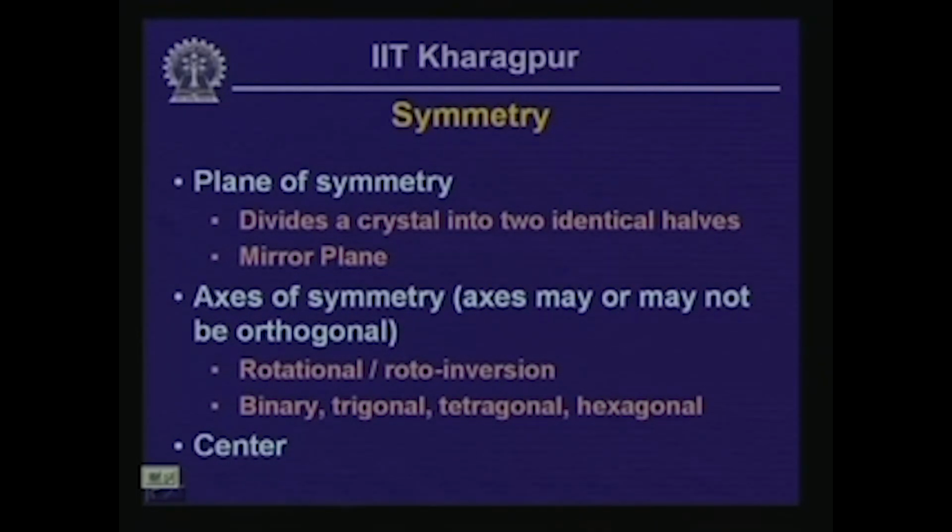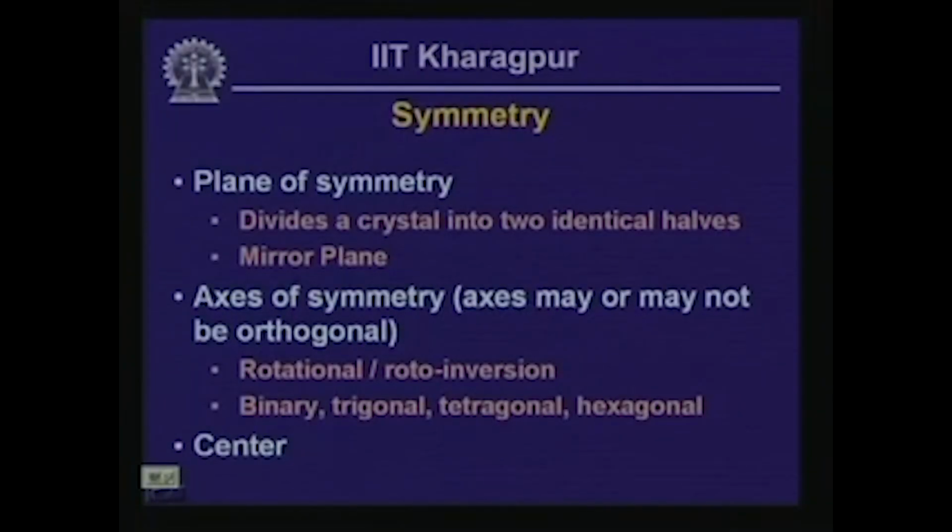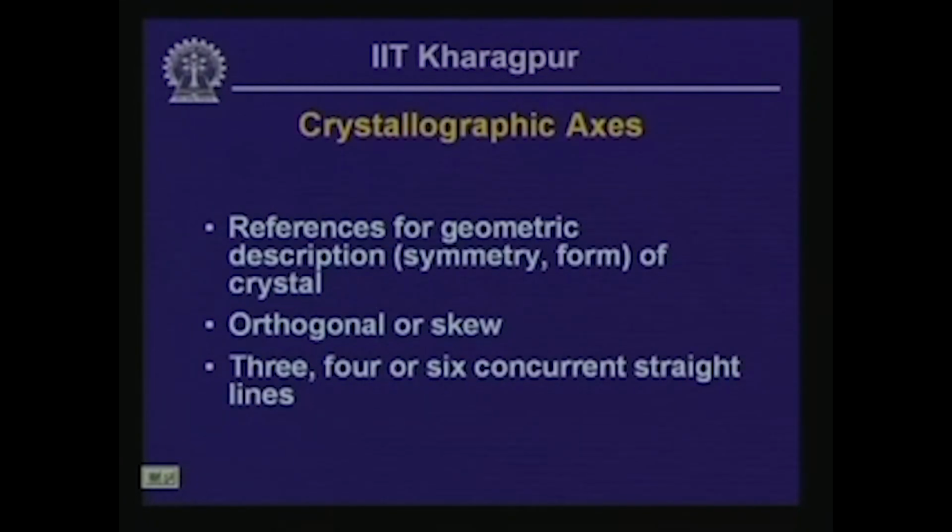You should also notice that a mineral can have several different axes of symmetry while having no plane of symmetry or no center of symmetry. Similarly, it could have several planes of symmetry, but no axis of symmetry or center of symmetry. We will see these things as we proceed with this presentation.